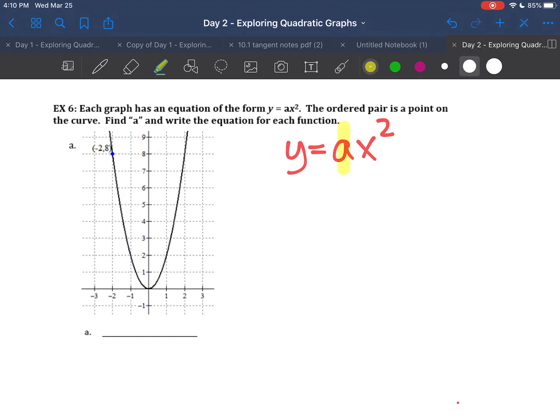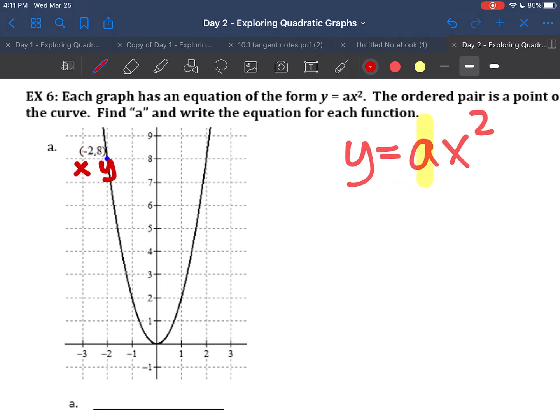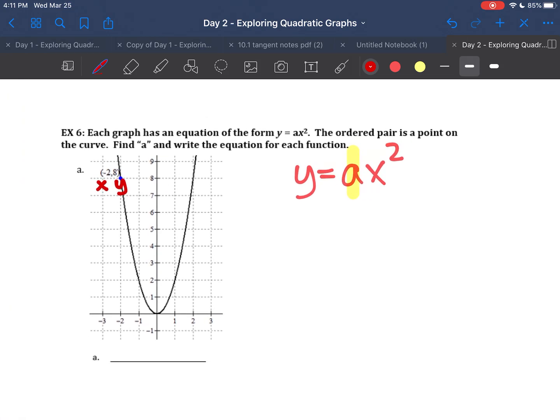All right, so what I'm going to do with this is notice the only things I have not highlighted now are an x and a y. Okay, but then if you think about it, what variables do numbers in ordered pairs represent? Well, they represent an x and a y. So what I'm able to do is come over here and substitute the ordered pair -2, 8 in for x and y.